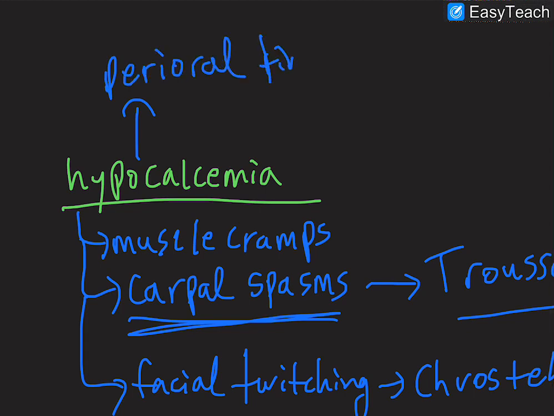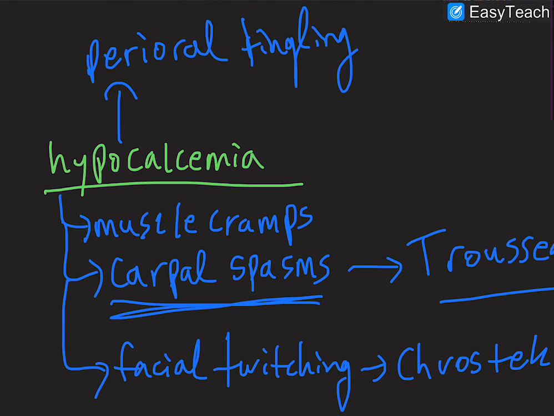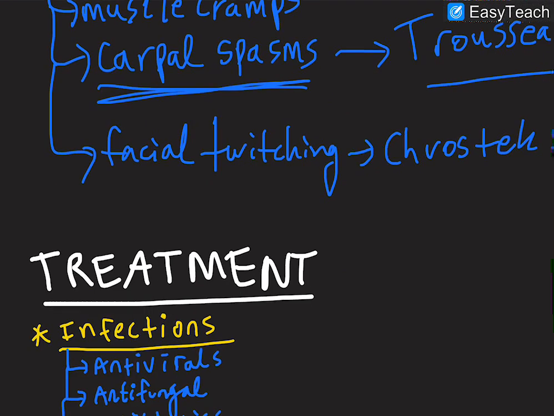Especially if a patient has carpal spasms, muscle cramps, the Chvostek sign, and perioral tingling after they undergo thyroid surgery or parathyroid surgery, that could indicate hypocalcemia. So that's basically what I wanted to talk about for hypocalcemia.